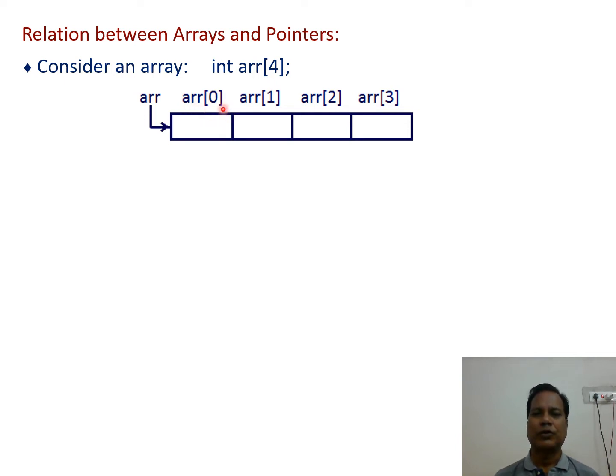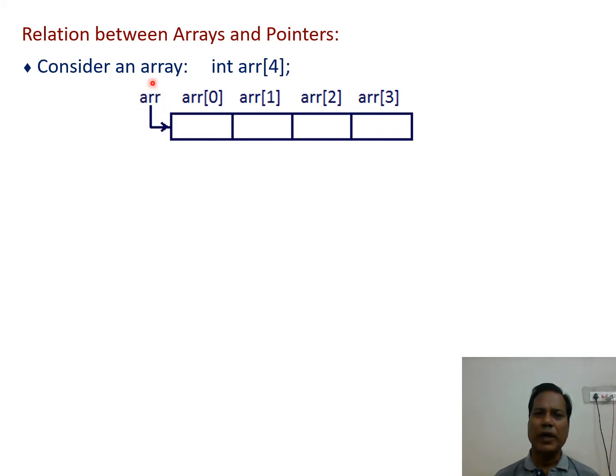So r[0] refers to the first element of the array r. r[1] refers to the second element of the array r. In a similar way, r[3] refers to the fourth element of the array r.